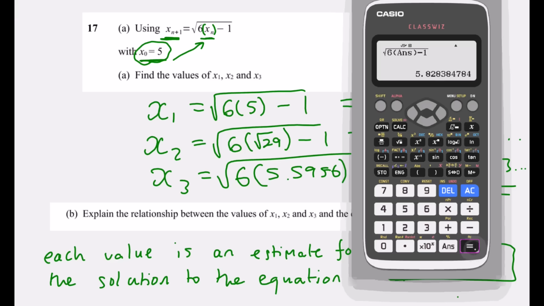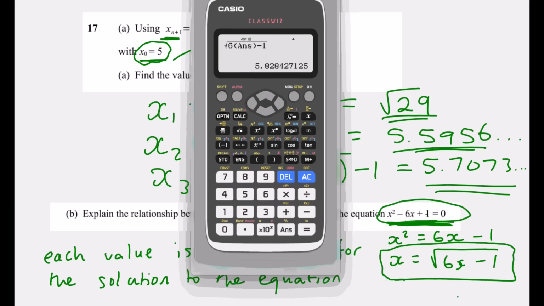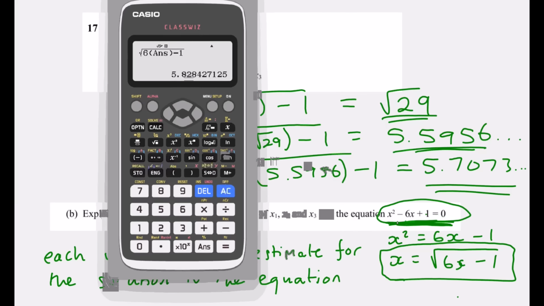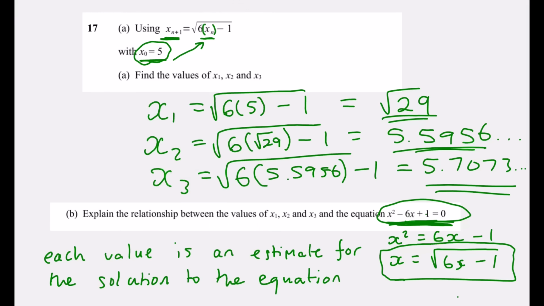And if we keep going, eventually the calculator will stop changing, and that will be the solution. So a solution to x squared minus 6x plus 1 equals 0 is 5.828 and so on.